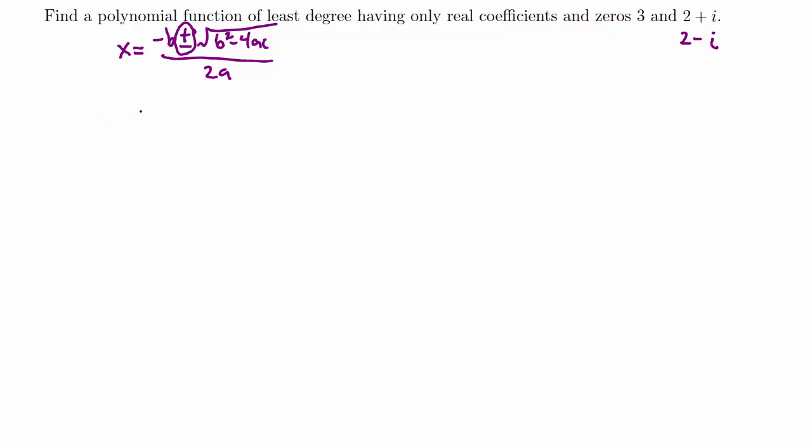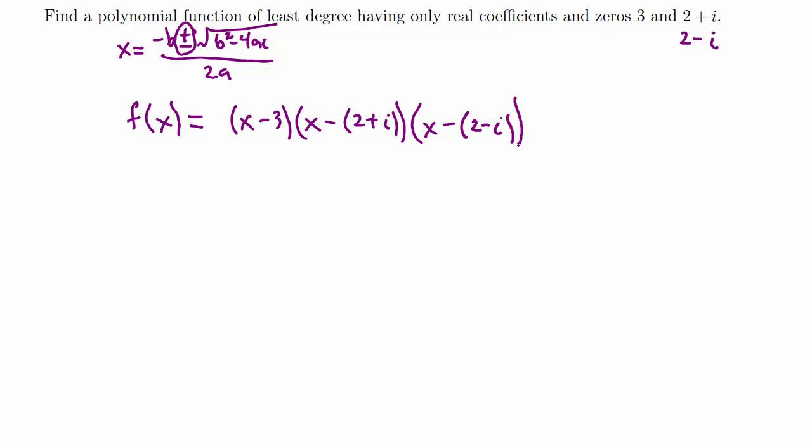Now, that means that our function, f of x, is equal to the zero of 3 means the factor of x minus 3, and the zero of 2 plus i means the factor of x minus (2 plus i), and then times x minus the zero of 2 minus i. Now notice that I can distribute the negative here and distribute the negative here.